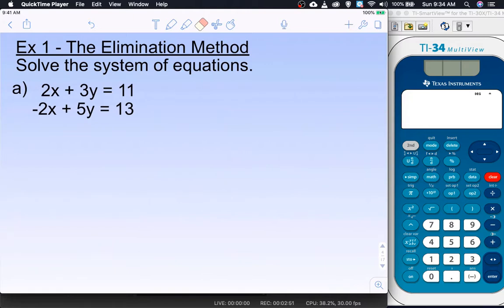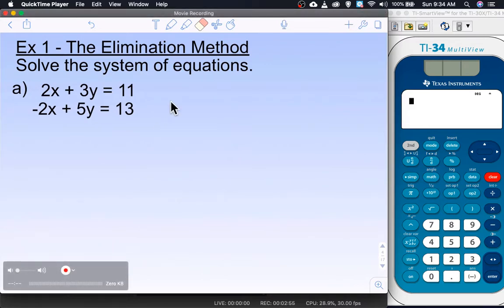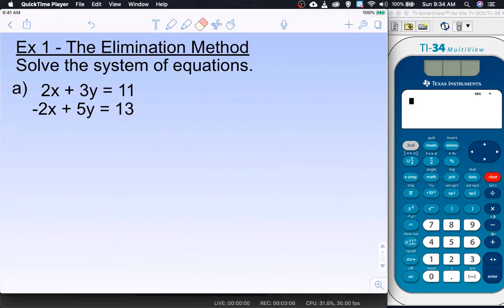So in order to solve a system of equations, by the way, we're learning a method called the elimination method. I choose this method because this is the method that most of my students prefer. After I show them a couple different ways, this is the way that they prefer. It's usually the least amount of work, and it's the most straightforward.